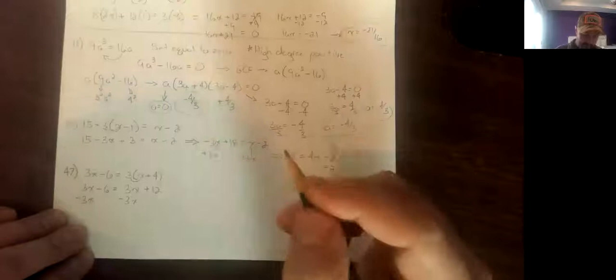Now, what happens here is no matter where I go with this, I'm going to end up with a 0. I'll take it away here so you can see. We'll go this route. It doesn't really matter which side you go. Right now, I have 0 minus 6 equals 12. And I would add 6 over here, and I would get 0 equals 18. This is the last one we're doing, so let me go this route.